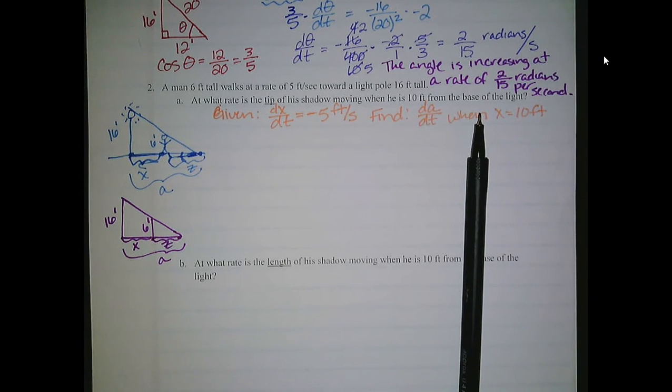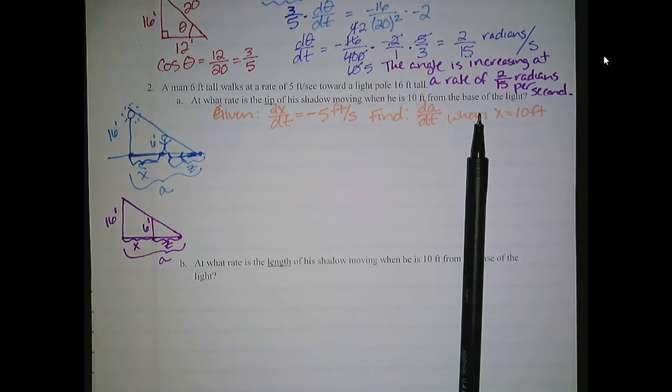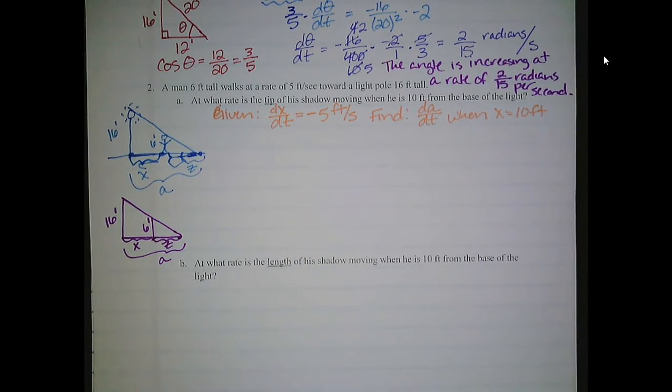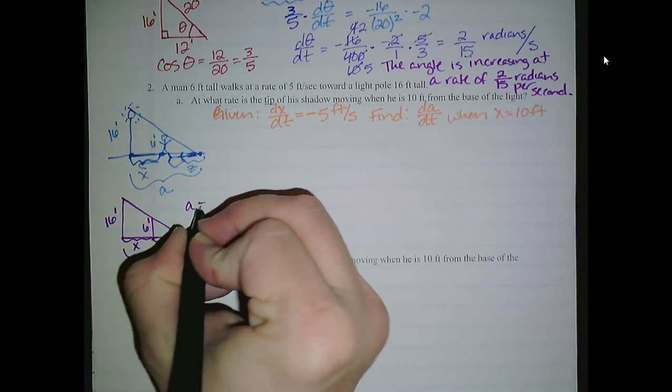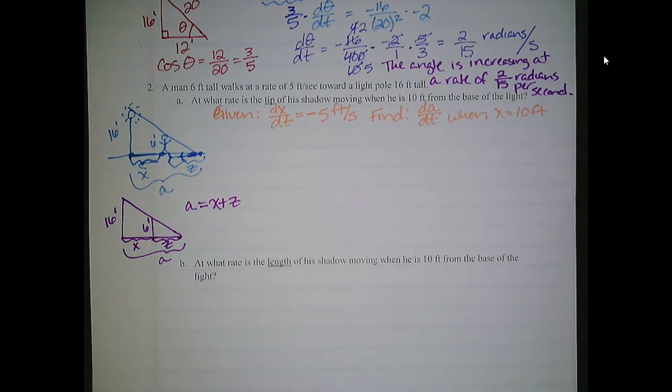And a represents the total of those two, the total distance that the tip of his shadow is from the light pole. So if I wanted to come up with a relationship that relates a and x, the easiest relationship we have is that a equals x plus z.